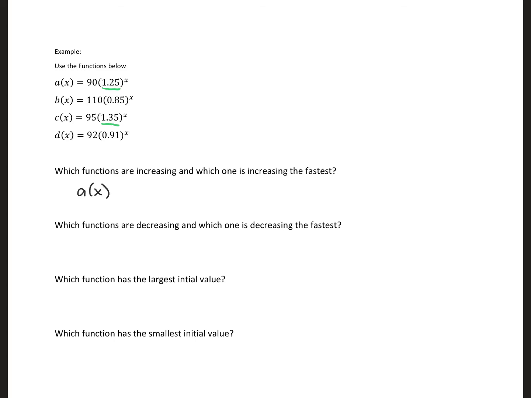So a of x and c of x are increasing. Since c of x has a growth factor of 1.35, which is greater than the growth factor of 1.25 for a of x, c of x is increasing the fastest.